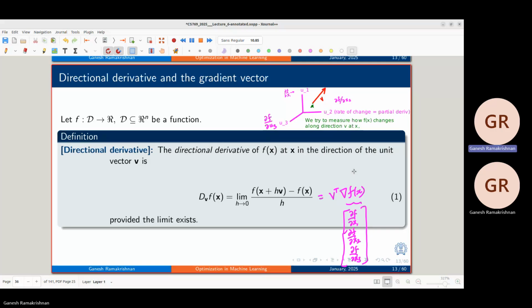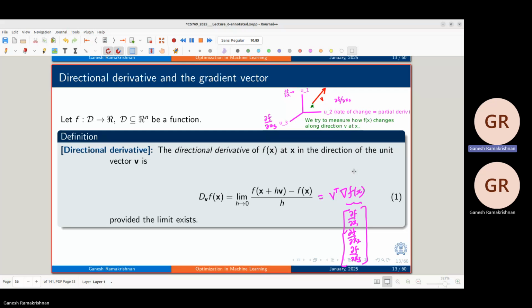In fact, v also is basically in the 2-dimensional space. I've shown this in 3 dimensions because the function has 3 axes in this case. But let's say the function is f of x1, x2. So v is going to be in the x1, x2 plane.